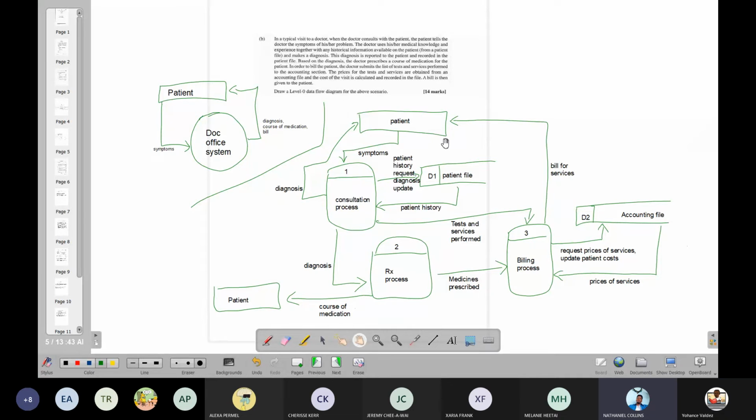Yeah, I thought you couldn't have two of the same entity. You couldn't have two of the same entity. Yeah, you have patient on top and patient on. No, this is just a duplicate here because I didn't want to draw the line all the way across there.